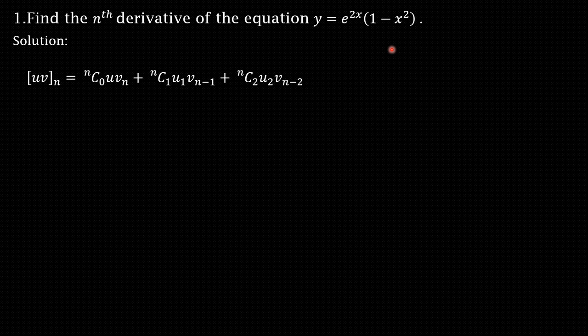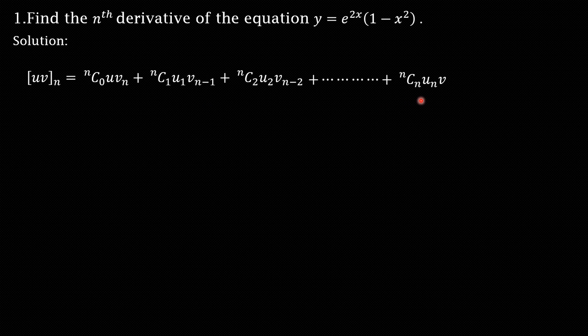We will just analyze the Leibniz rule with an example. That is, to find the nth derivative of the equation y is equal to e to the power 2x into 1 minus x square. From the Leibniz rule, the nth derivative of the product of the two functions u and v is given by nC0 u into nth derivative of v plus nC1, the first derivative of u multiplied with n minus 1th derivative of v, and so on.